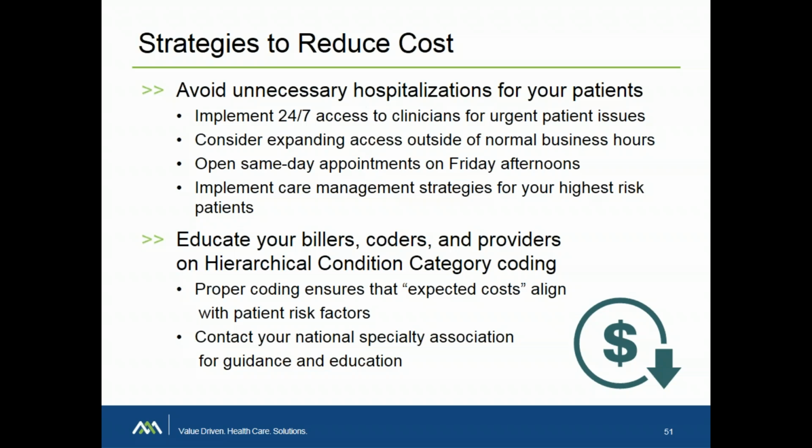So implement 24/7 access to clinicians for urgent patient issues. Ultimately your provider probably doesn't want to be woken up at 2 a.m., but if it saves the patient from having to go to the hospital for something that they could have just waited until the next day and seen in the office, that's helpful for everyone.